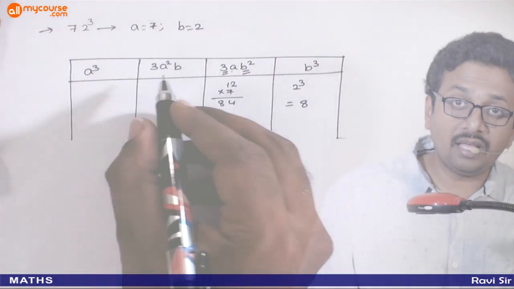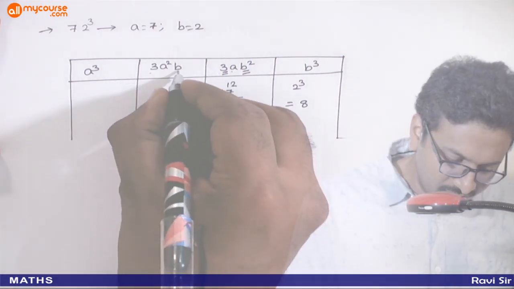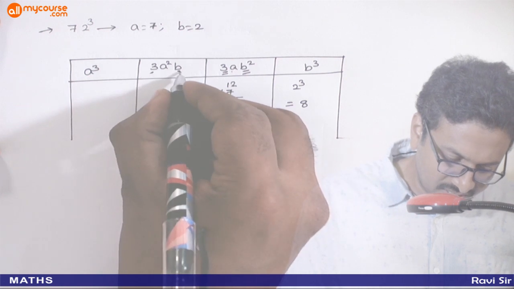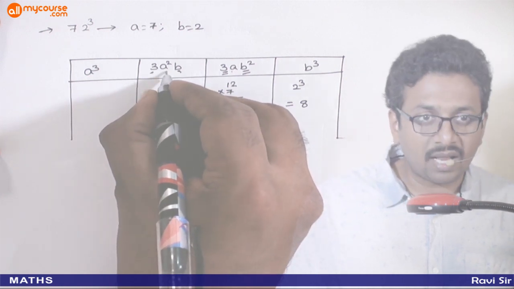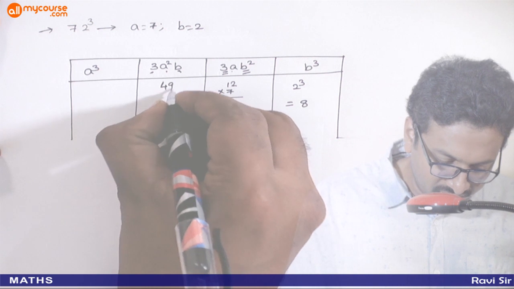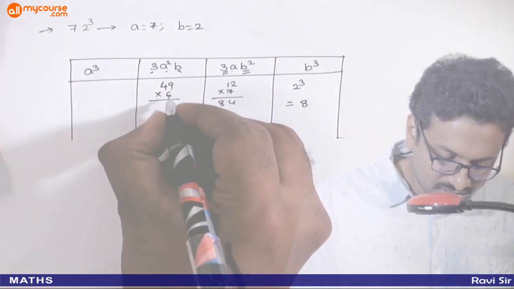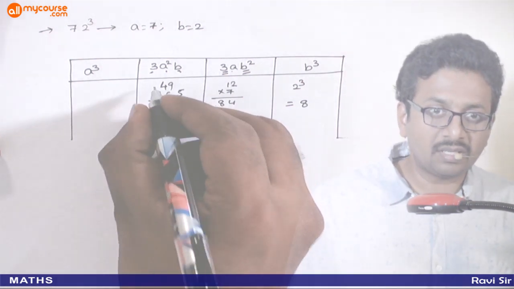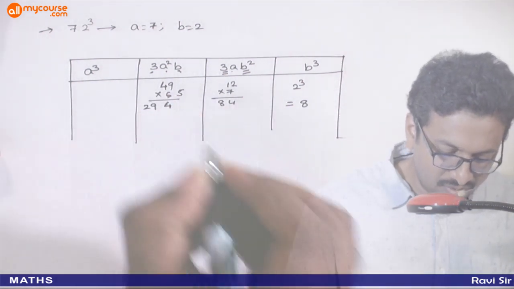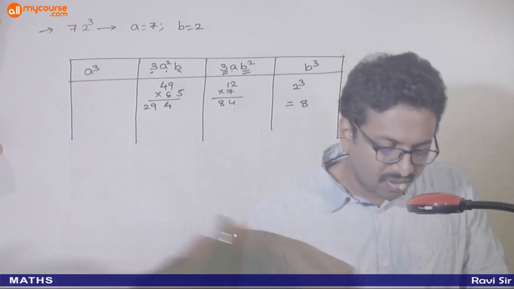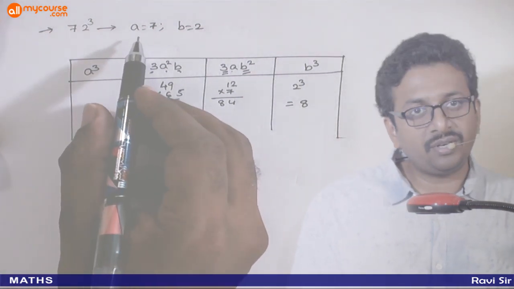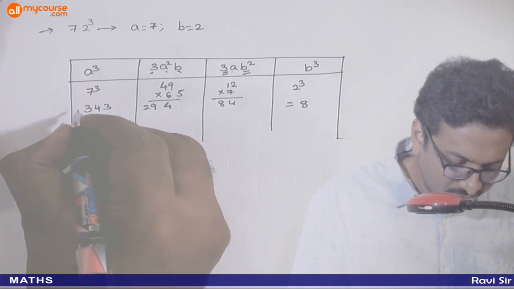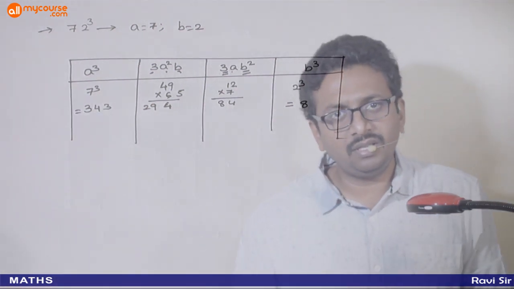Next 3a square b: 3 into b is 6, and a square is 49, so 49 into 6. 6 9s are 54, 5 is carried over, 6 4s are 24, so 294. And a cube is 7 cube, which is 343.